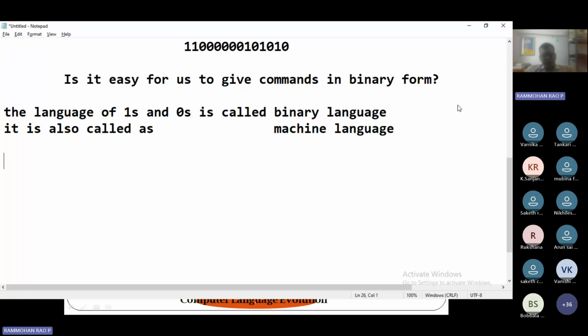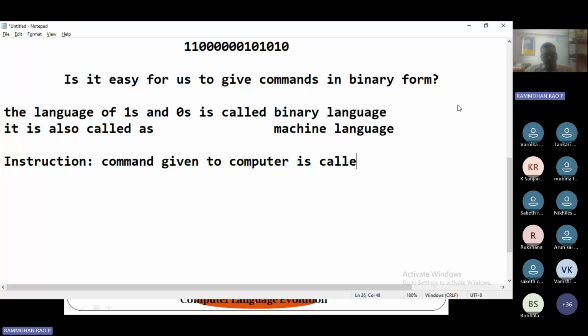I'm slowly introducing a few important terminologies and definitions, so please try to understand. The language of ones and zeros is called binary language, also called machine language. Now, what is the definition of instruction? A command given to the computer is called an instruction, friends.